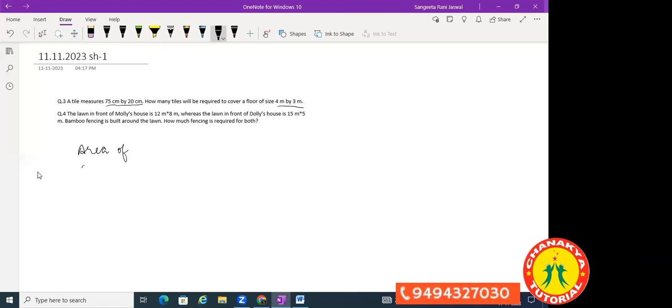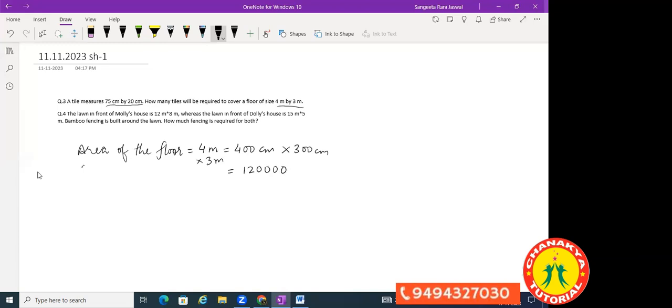Okay. So area of the floor will be what? I'll be converting 4 meters to 400 centimeters into 3 meters, which will become 300 centimeters. So the area becomes 12 and 4 zeros.